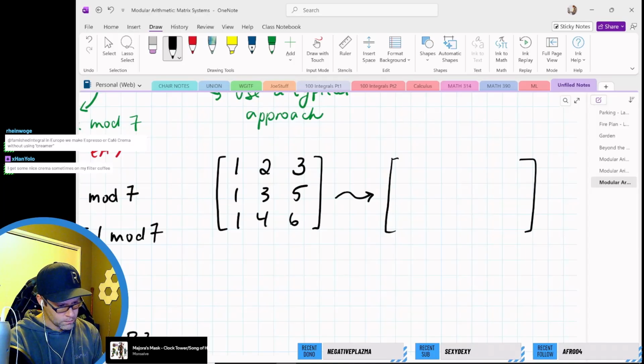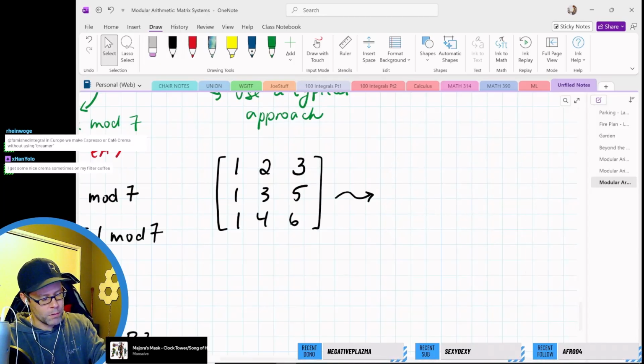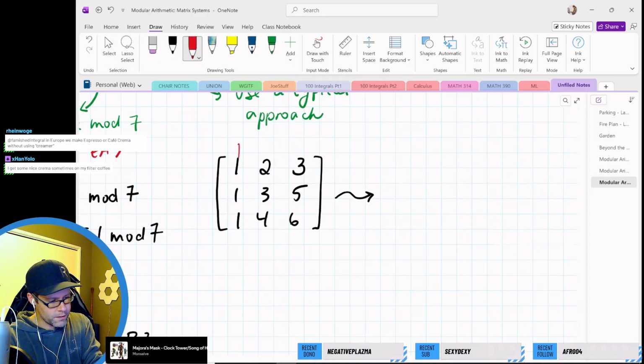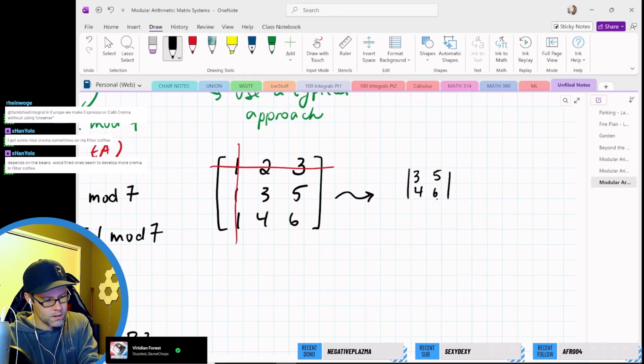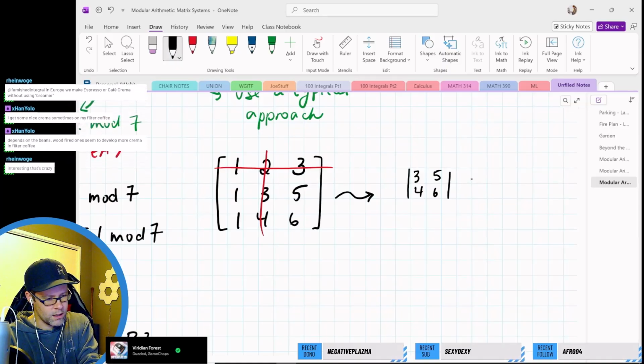So maybe I might need to make this a little bit bigger. But the idea is in the first entry, I'm going to kind of remove these. And I'm going to be taking the determinant of 3, 5, 4, 6. That's going to be entry 1. And then entry 2 is going to be the negative of what's left over. So 1, 5, 1, 6.